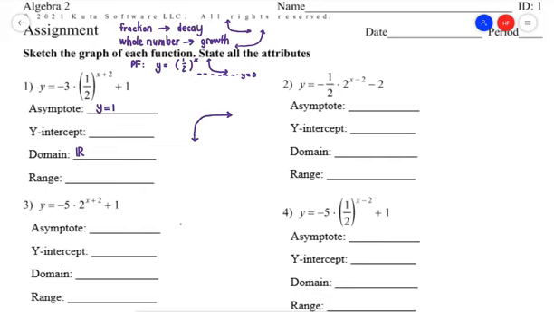For the range, my asymptote is here at y equals 1, and we're getting lower and lower. So my range is everything less than 1, not including 1. And then in order to find the y-intercept, we need to plug in a 0 for x.